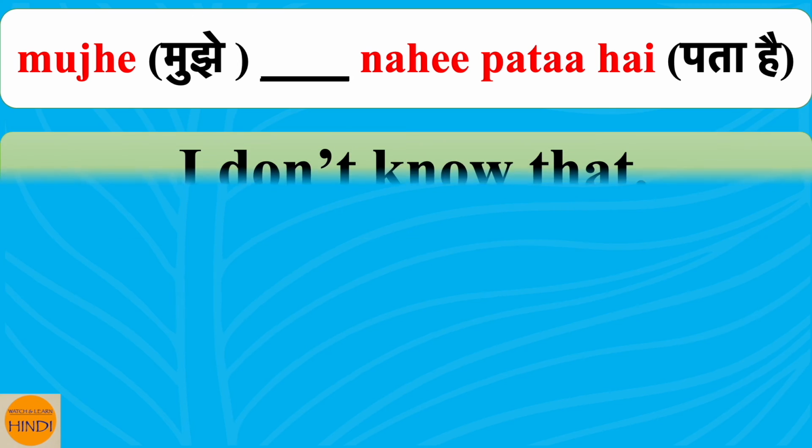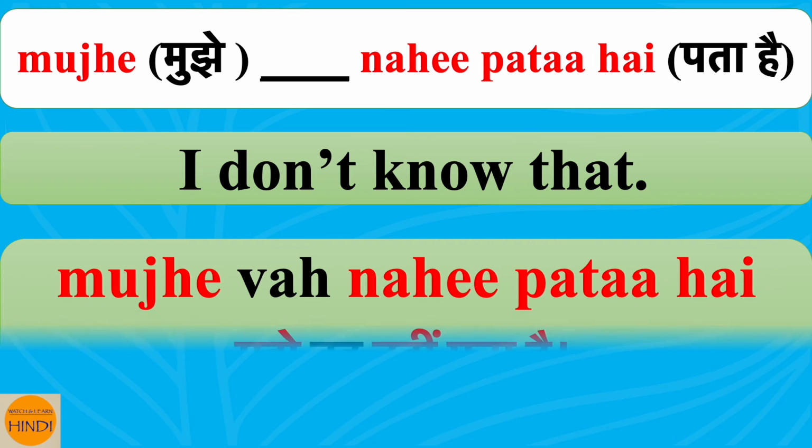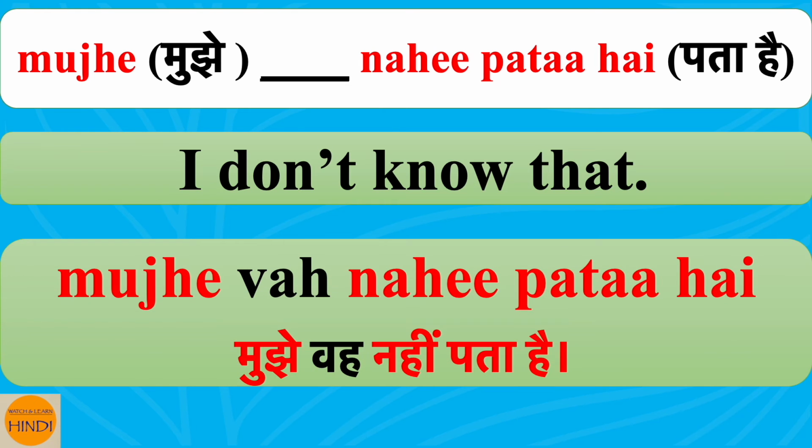Or if you want to say something specific like I don't know that, then you will say मुझे वह नहीं पता है, where वह is that. So I don't know that becomes मुझे वह नहीं पता है.